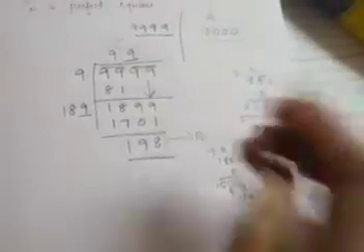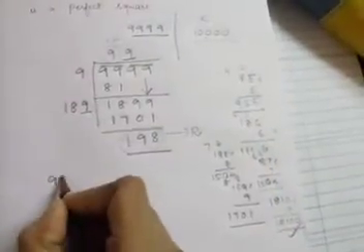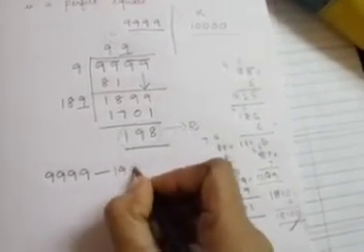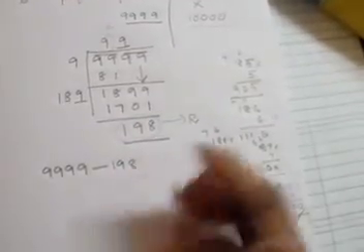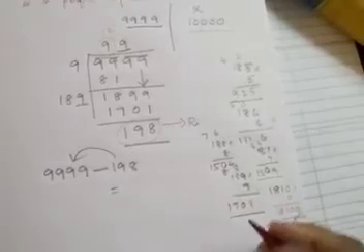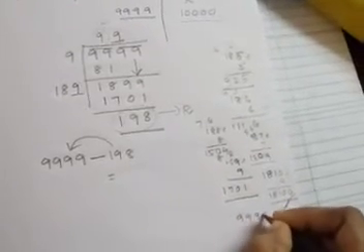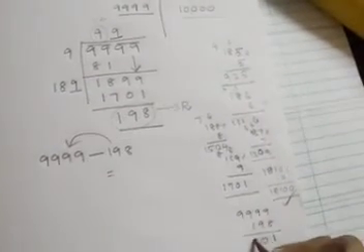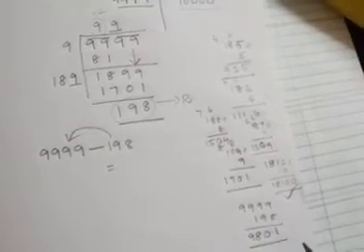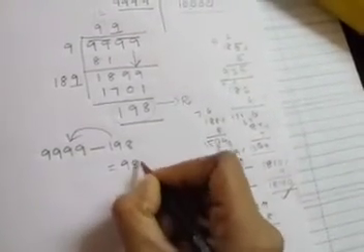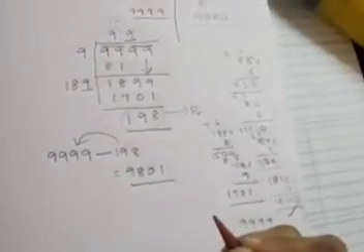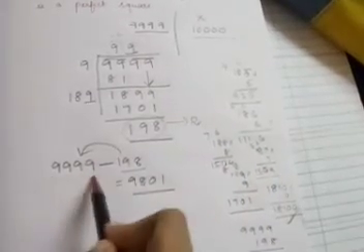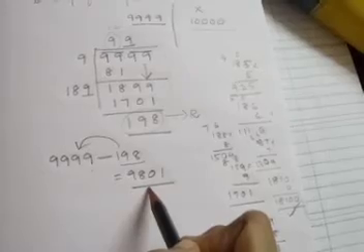So actually, if you subtract this remainder, 198, from 9999, which is the greatest 4-digit number, you will get the greatest 4-digit number which is a perfect square.